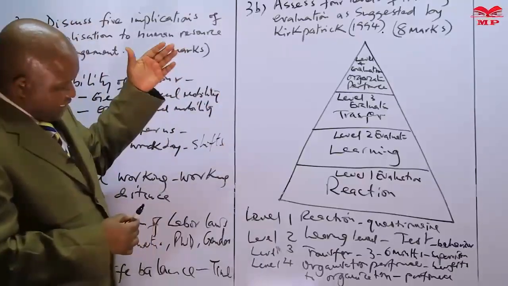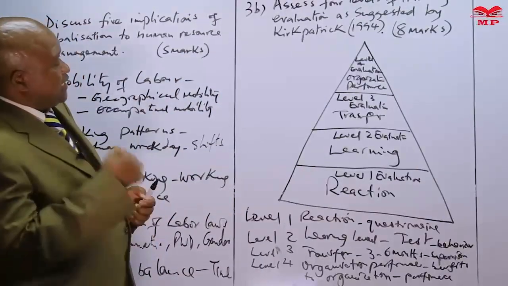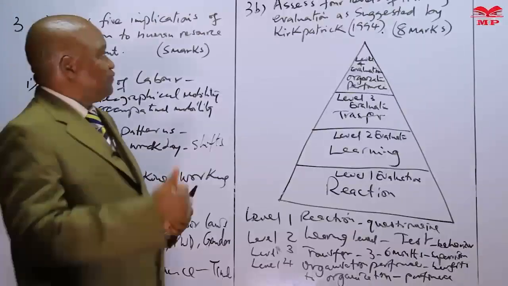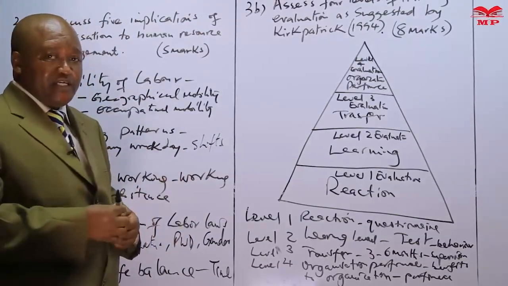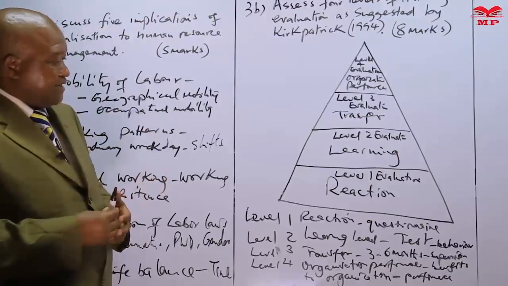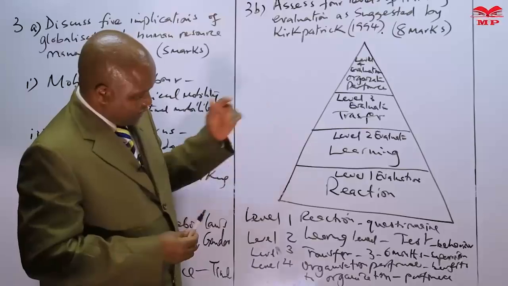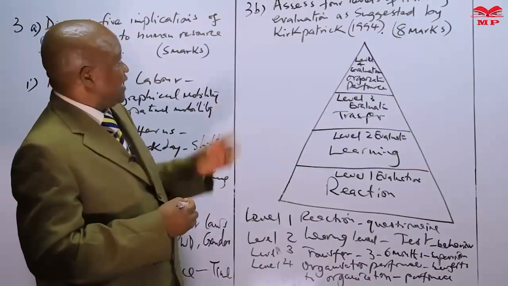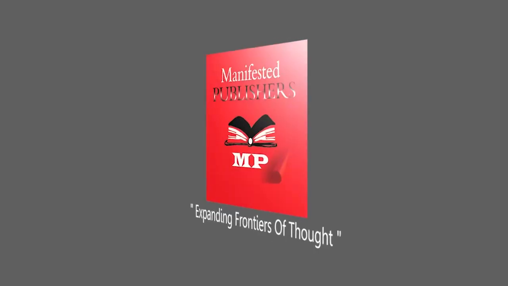This was the suggestion given by Kirkpatrick, 1994 in relation to levels of training evaluation within an organization to find out the relevance and value of a given training program. So that was our sample response to question 3B.